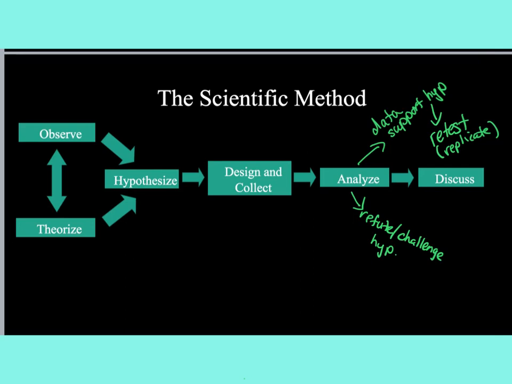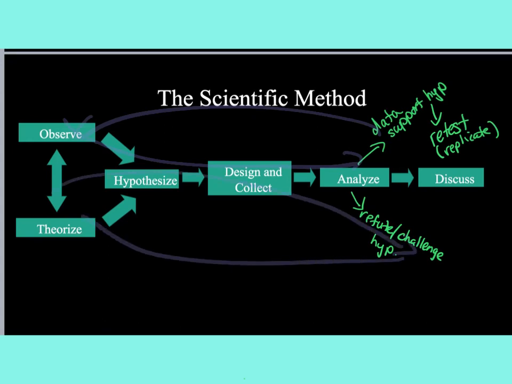Therefore, we use the scientific method to test the hypotheses that have been generated from our observations and theories. We then modify those observations and theories based on results and then begin to retest. We repeat the cycle over and over again so we can get closer and closer to understanding the truth of the world.